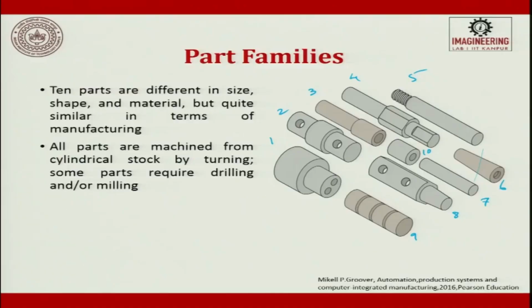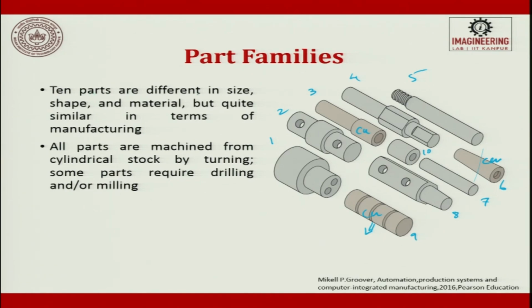Every part can be made in a lathe machine or in a turning machine of a CNC, right. So, here if you see, the 10 parts are different in size, shape and material. I have not talked about the material, let us assume these are different colors. So, this is copper, this is copper, this is copper, the rest are aluminum or steel, but the part family does not look at the material at all.